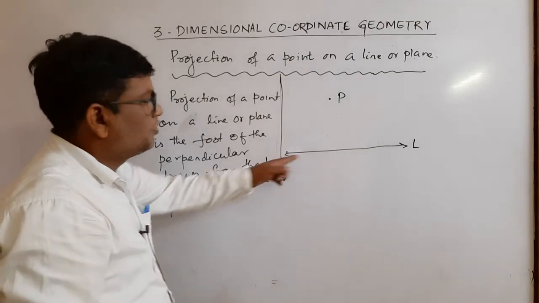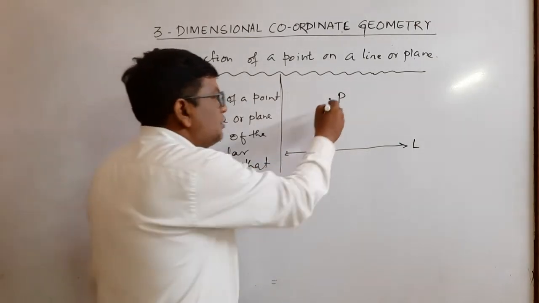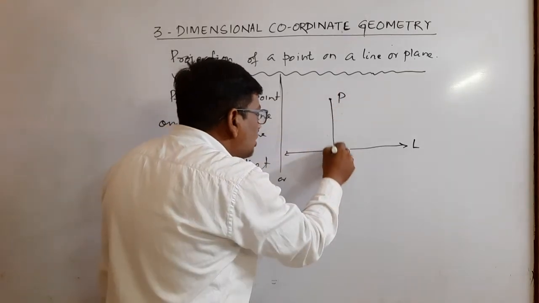In the figure, suppose this is the line and this is the point, this is the foot of the perpendicular.